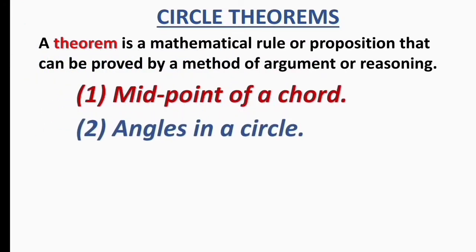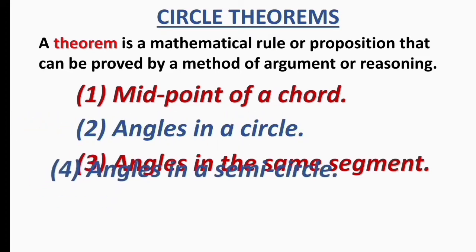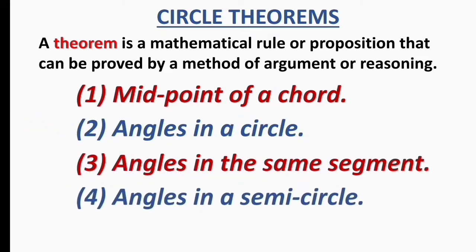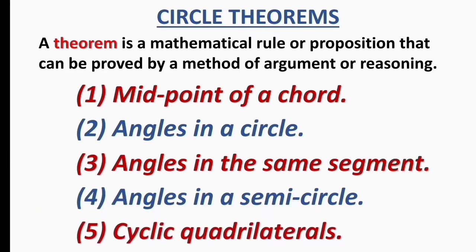Number 2, angles in a circle. Number 3, angles in the same segment. Number 4, angles in a semicircle. While number 5, cyclic quadrilaterals. Let's learn about these circle theorems.